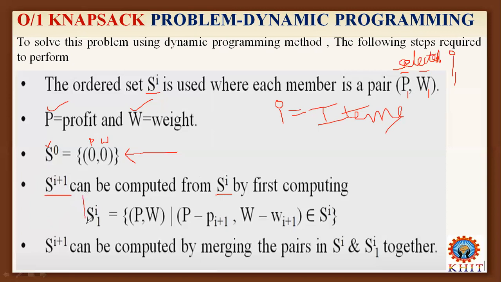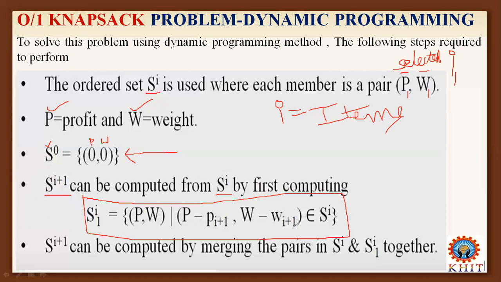How do we find the value of S power i plus 1? S power i plus 1 is the pair (profit minus selected item profit, weight minus selected item weight).